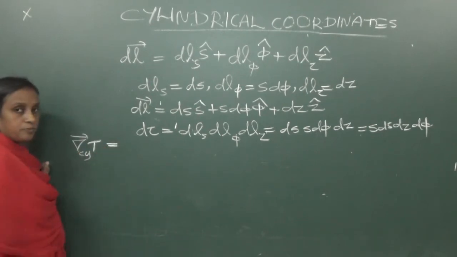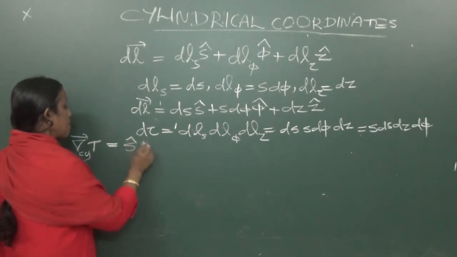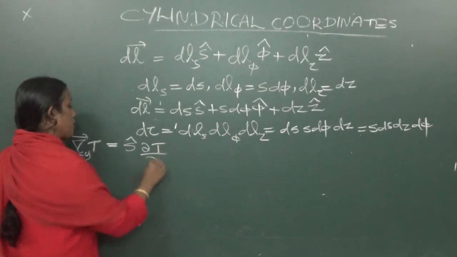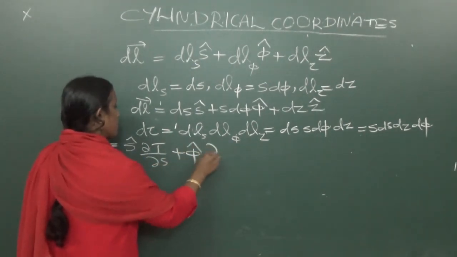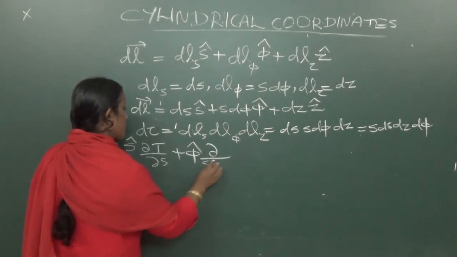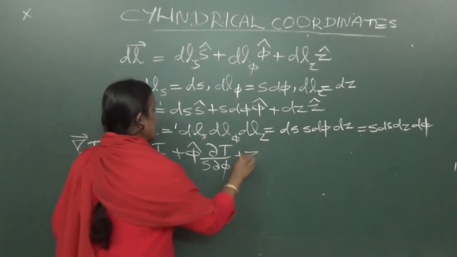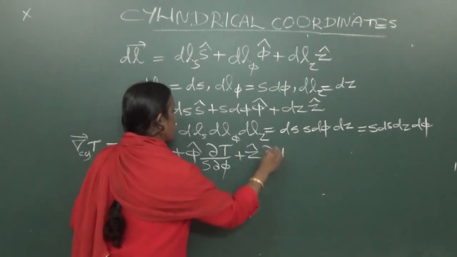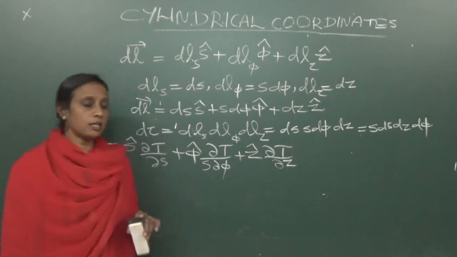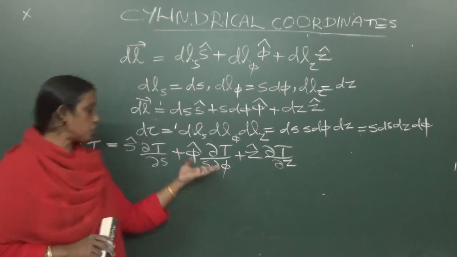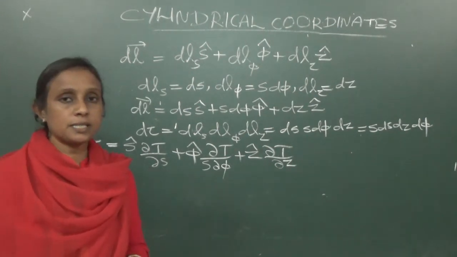The gradient of T is given by s cap dou T by dou s plus phi cap (1 by s) dou T by dou phi plus z cap dou T by dou z. This is the gradient operator in the cylindrical coordinate system.